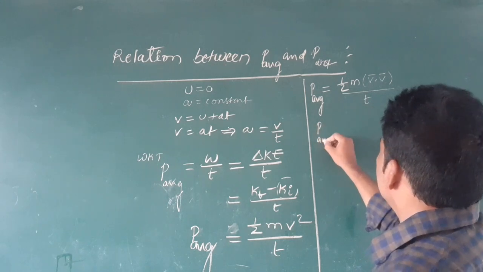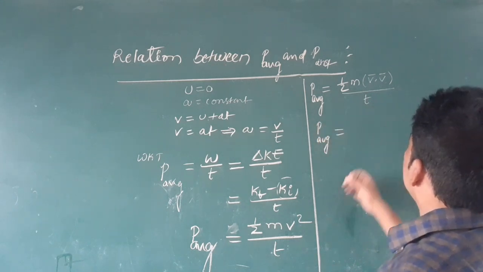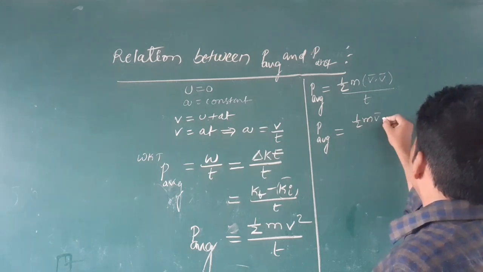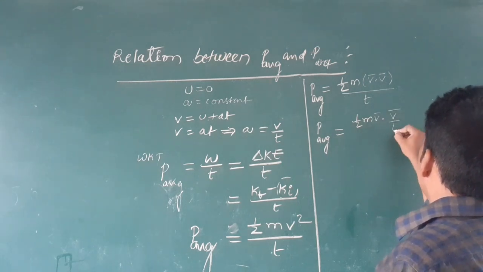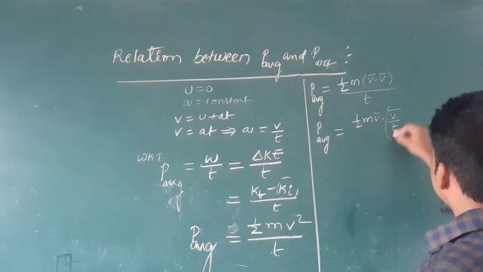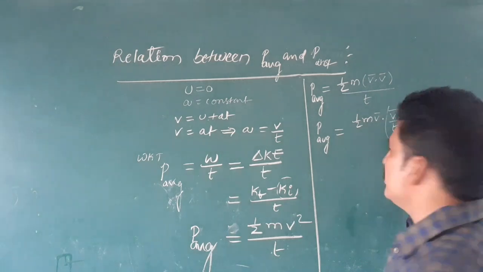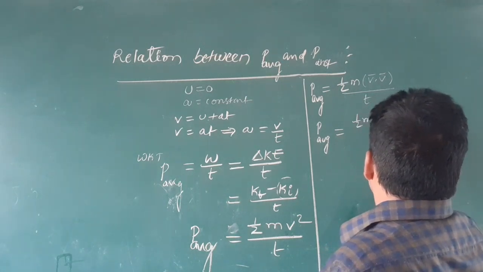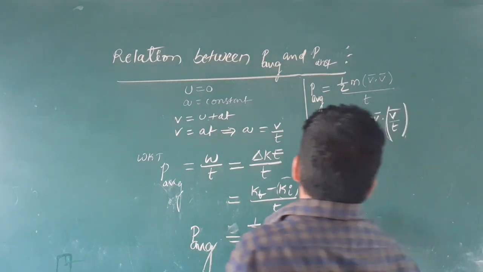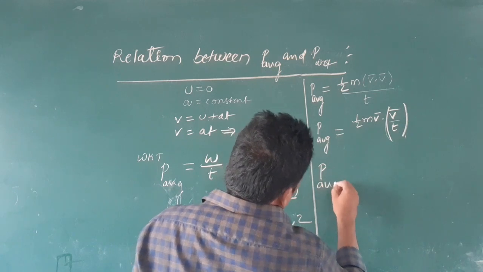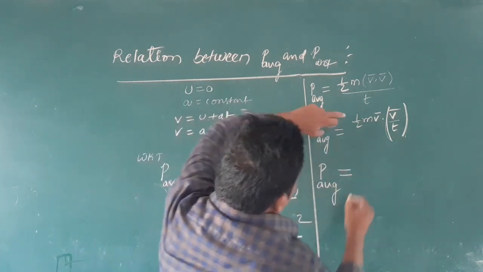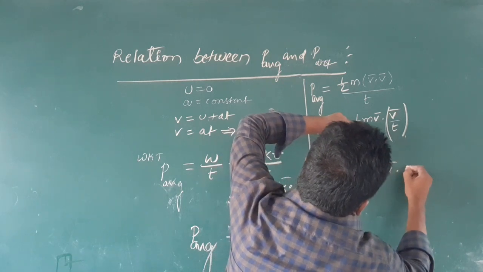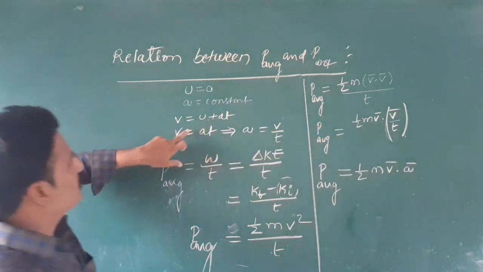So P average is equal to half into m into v bar dot v bar by t, students. Instead of v bar by t, we can write half m v bar dot a bar, students.